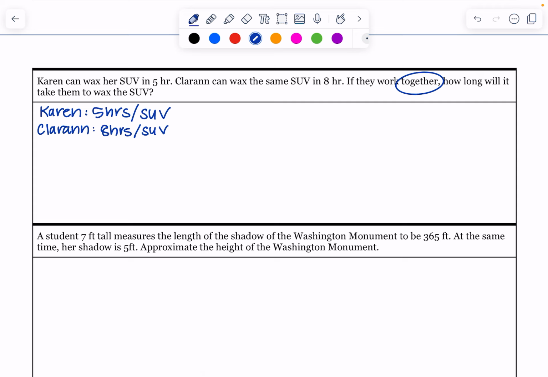So we want to add the rates together, and that'll be the total work. If we think about Karen's speed, and we add that to Claren's speed, that's going to equal the speed working together.